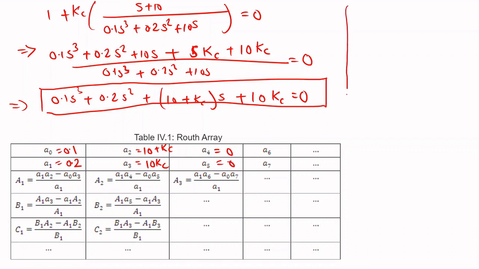And now we can find the value of the first element of the third row. It is A1 times A2 minus A0 times A3, upon A1. So let's find its value.